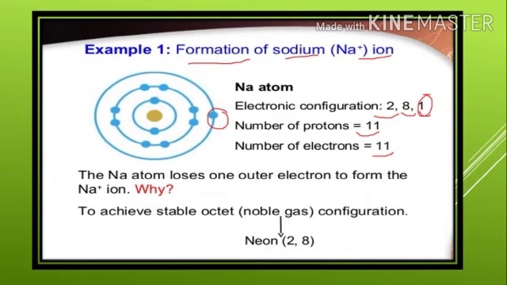So, the sodium atom loses one outer electron to form sodium ion. Why? Because to achieve the stable noble gas configuration. Whenever an atom has 8 electrons in its outermost shell, it becomes stable.